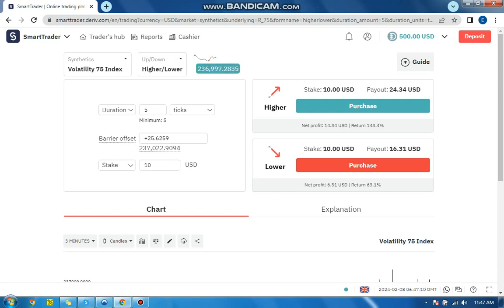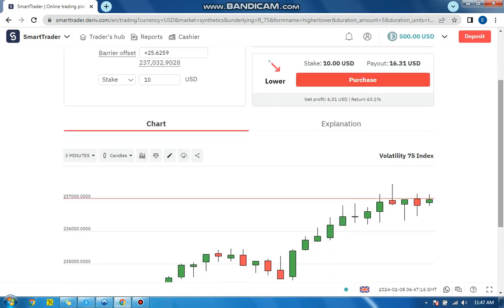We will always go with a small amount. So we're gonna start off with $10, and I'm gonna scroll down, and I've already opened the 3 minute chart. As you can see, the candle is showing the green color, so the trend is up.